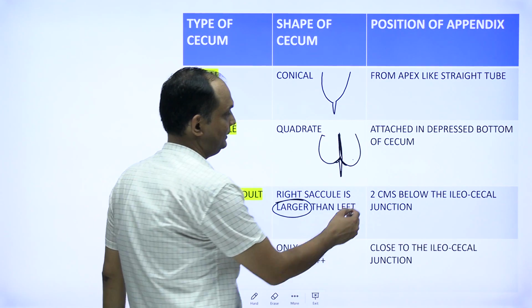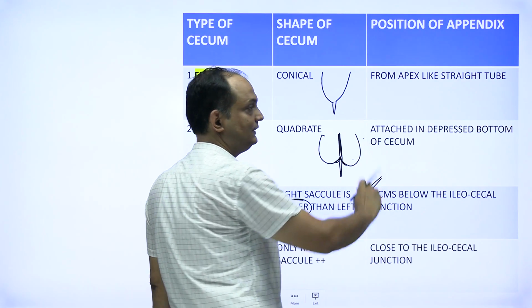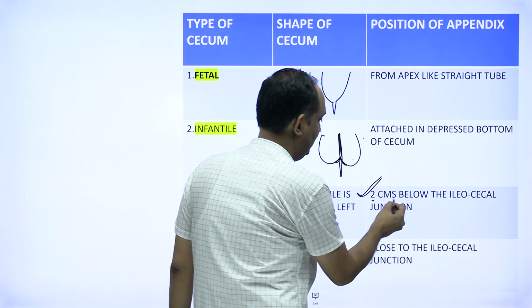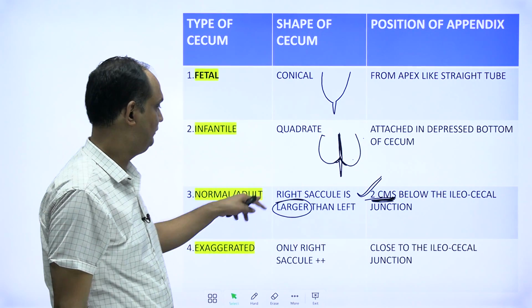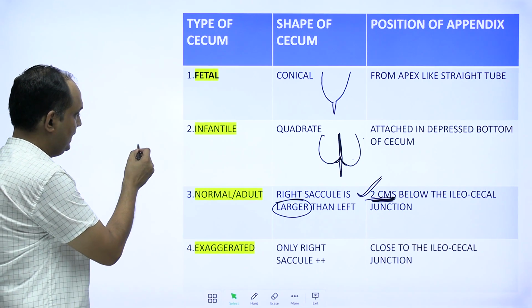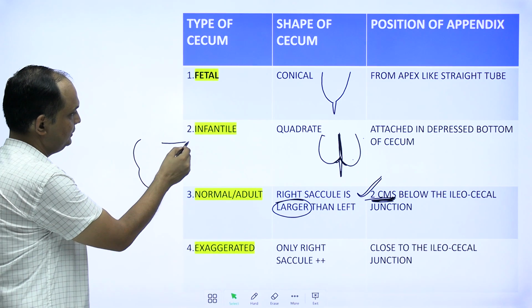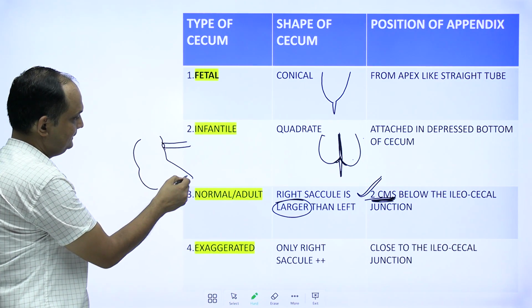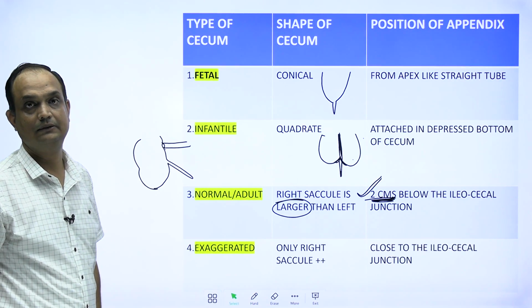So this is the important thing: the appendix is shifted to the left side of your cecum, and it comes 2 centimeter below the opening of the ileum, that is the ileocecal junction. So what will be the picture here? This is your cecum, here is the junction of the ileum with the cecum, and the appendix is present here. So this will be the image of your cecum.